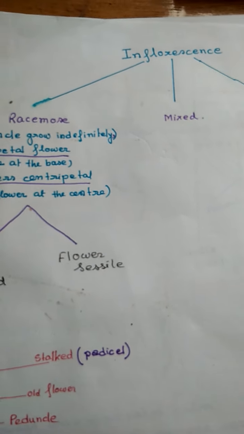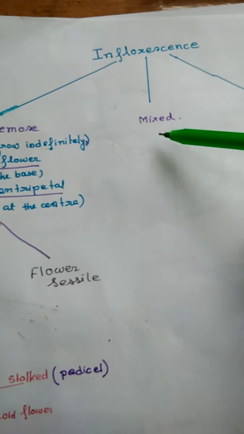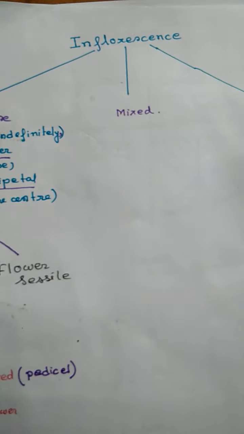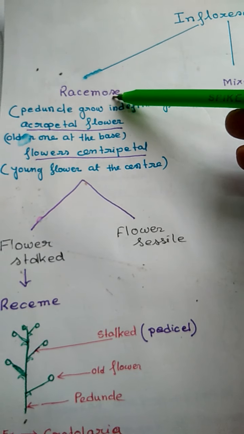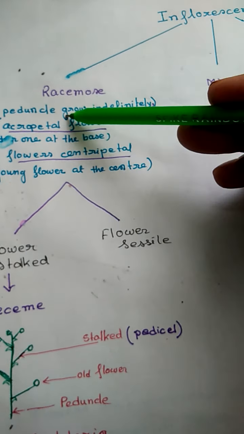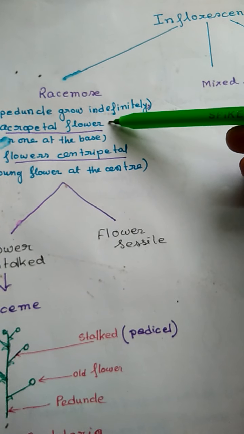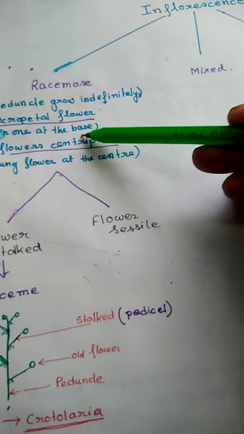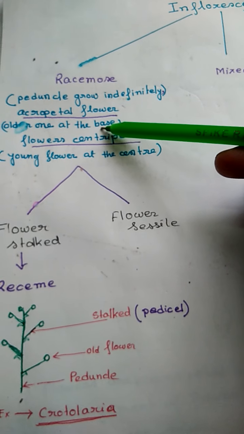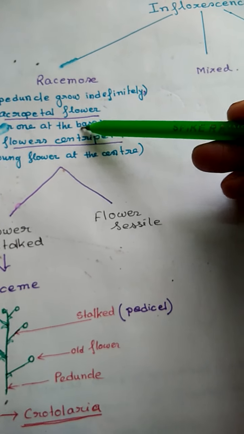Okay. Now the most important one, what are the different types of inflorescence? The different types of inflorescence are the racemose type, the mixed type, or you can say the spatial type, and another one is the cymose type. Now in the case of the racemose, what are the main characters? Acropetal, means the peduncle grows indefinitely. The older flower is at the base and the younger flower is far away from the base.